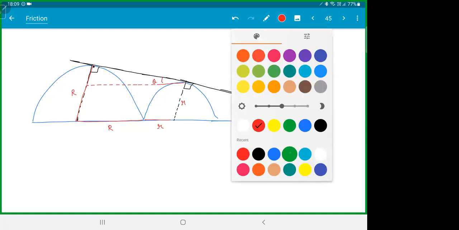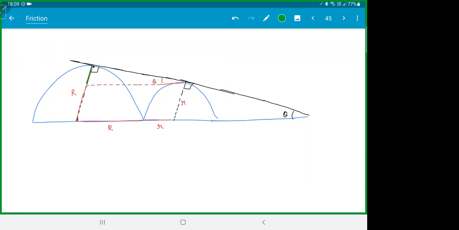So from here, you can clearly see this difference will be R minus small r. And this difference will be R plus r. So from here, we get sine theta. Yeah, that is sine theta, not tan. Sine theta is (R minus r) by (R plus r). R plus r is the hypotenuse of the triangle.